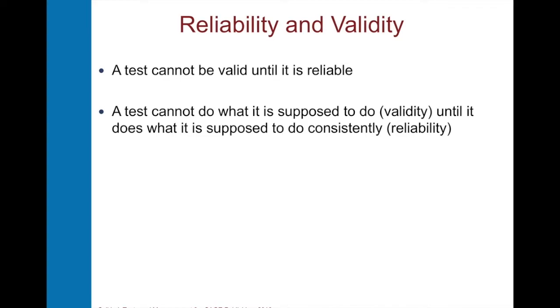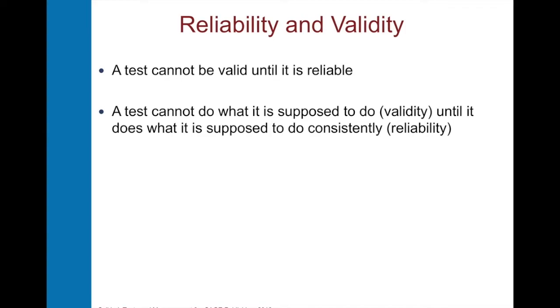So for example, if your reliability coefficient, say test-retest, for a particular measure that you just developed is, say, 0.87, the validity coefficient, or the correlation of that same test with another established test, cannot be larger than 0.93. So how do we get 0.93? 0.93 is basically the square root of 0.87.